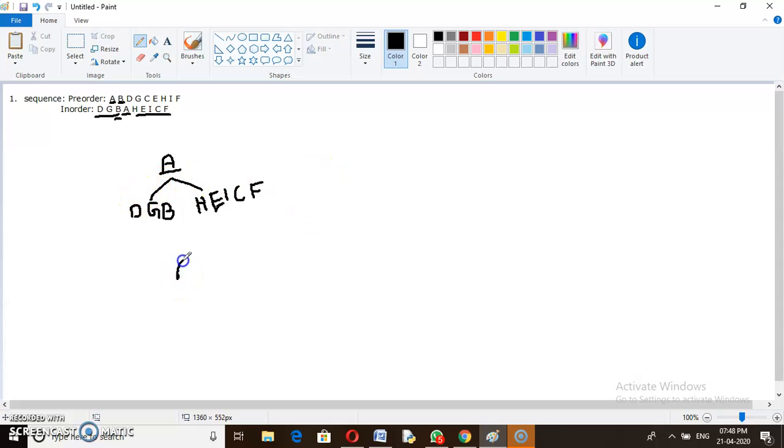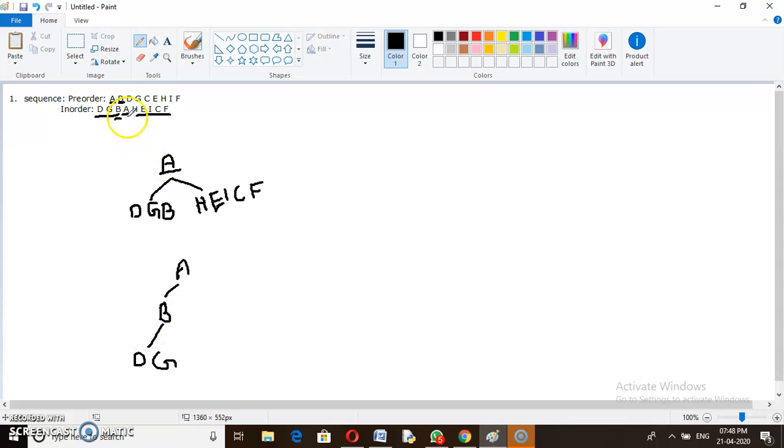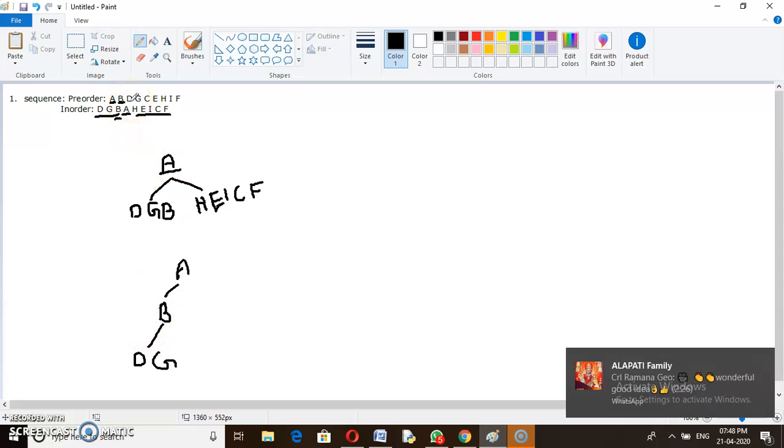Now draw our next tree: A, and left of A is the node B, and to the left of B we have the nodes D and G. Now check for D. Within D and G, D is first in the pre-order sequence.